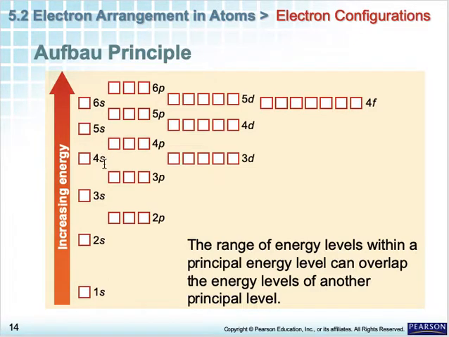And so we typically do the 4s, and then we do the 3d, and then we do the 4p. It gets even more complicated when we get on to the F orbitals. And I'm going to give you an easy way of determining what the order of filling is so that you don't have to straight up memorize it.